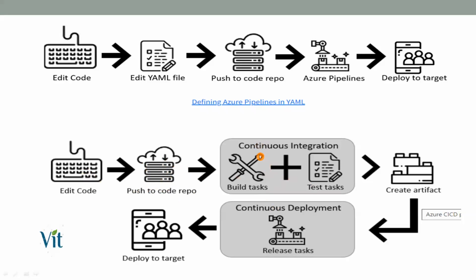So here it will build the task and it will test the task and it will create one artifact and it will deploy continuously. Okay. Whenever there is a change, automatically it will take the process. Okay. It will deploy into target system. Okay. Here our target system is Cloud Hub.